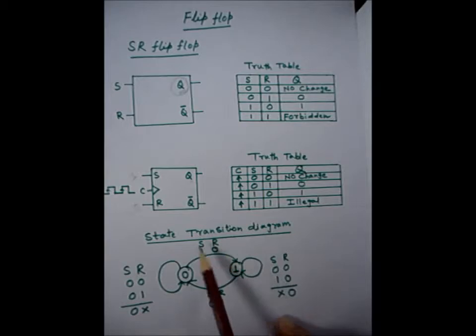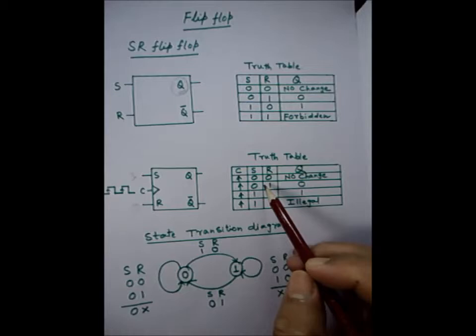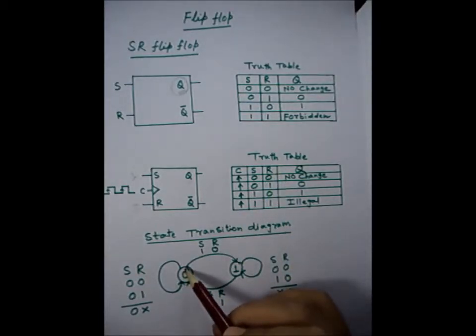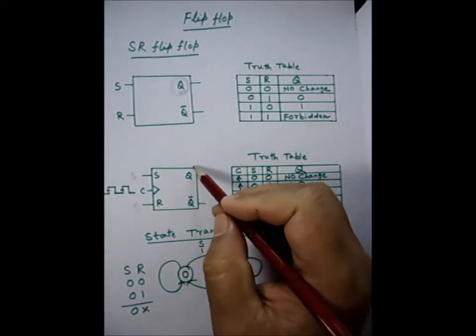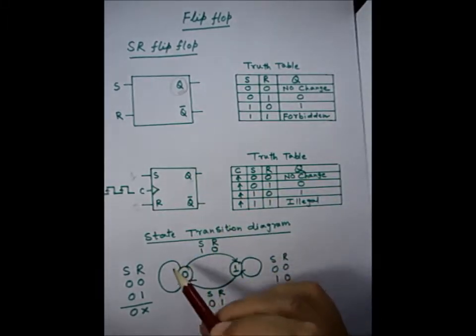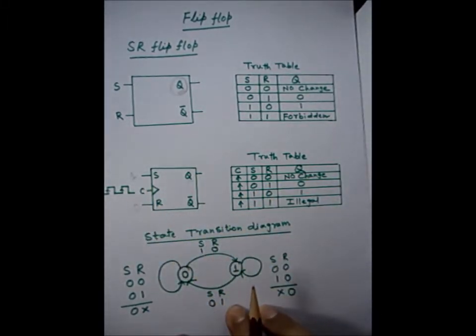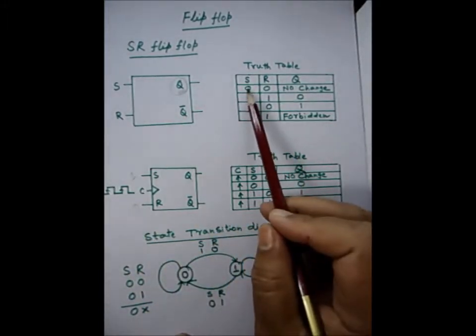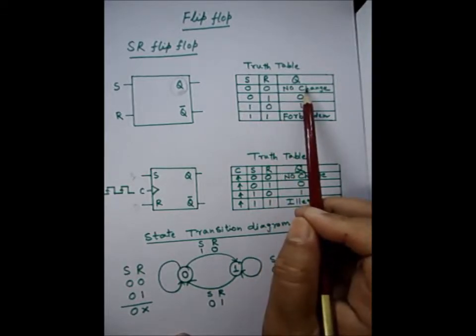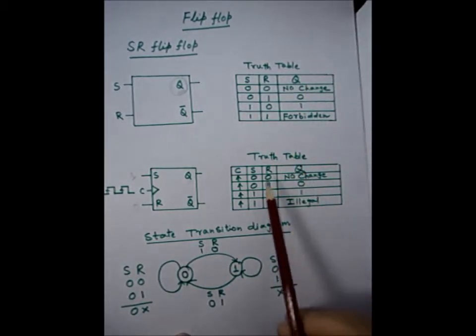Another thing: we can draw a state transition diagram from this truth table. Now you can see the state I have written inside as 0. This is indicating the state of Q. Now after a clock pulse arrives, if I give S equal to 0 and R equal to 0, there is no change.